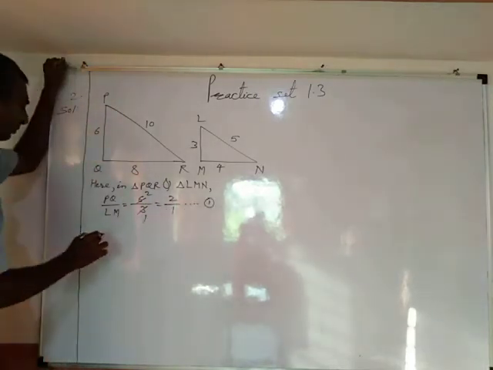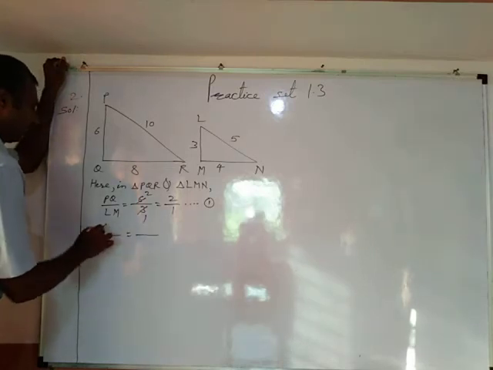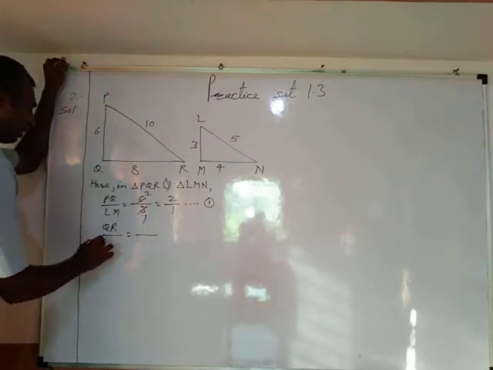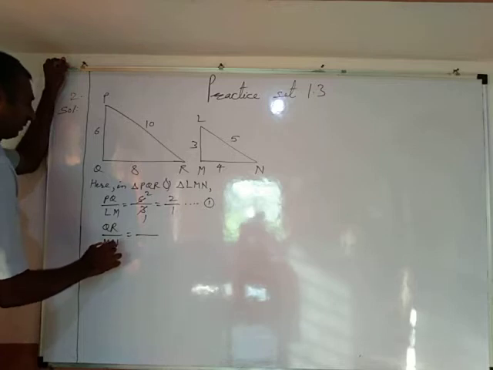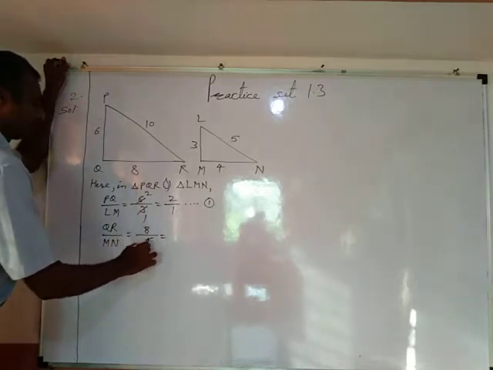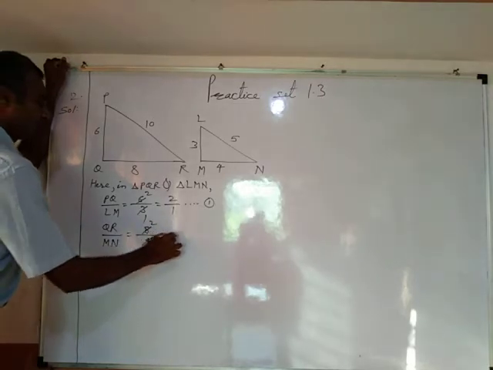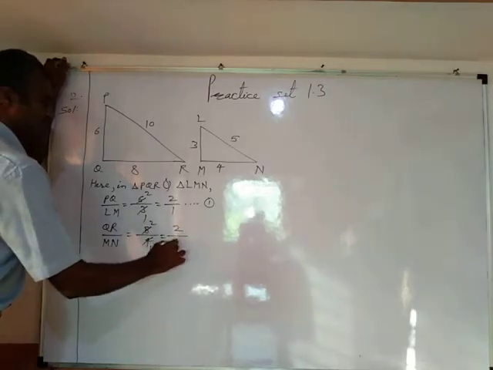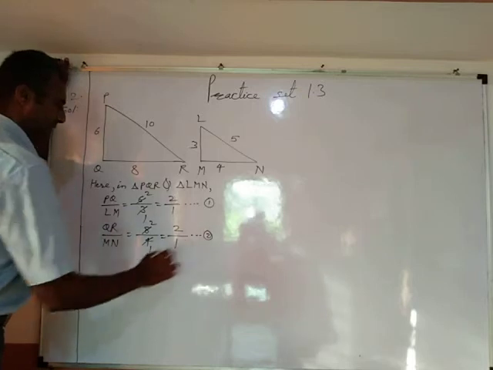Equation first. QR upon MN equals 8 upon 4. 4 ones are 4, 4 twos are 8. That's why the ratio will be 2:1. Equation second.